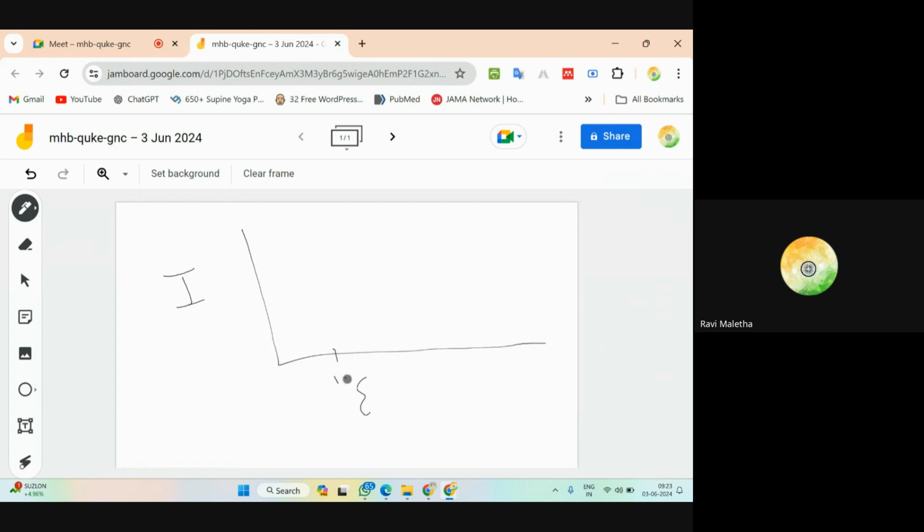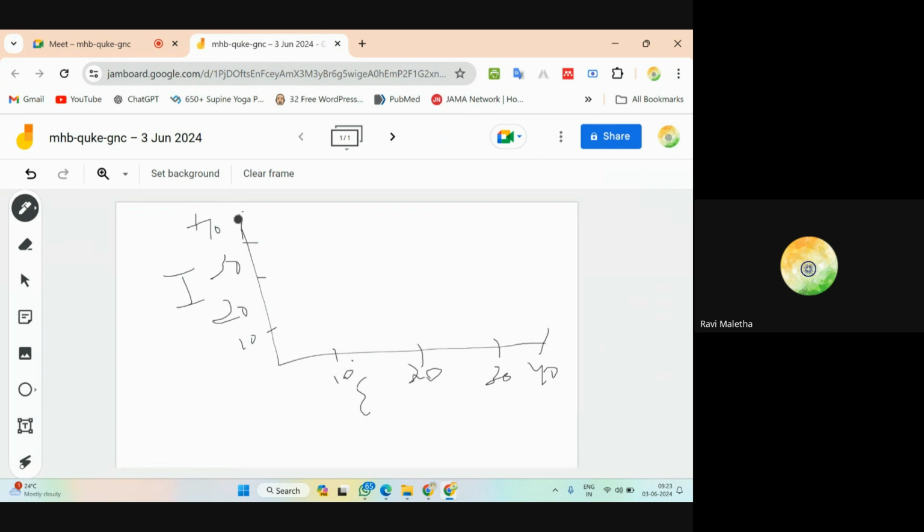This is 10 degrees Celsius, 20, 30, 40, and 10, 20, 30, 40.